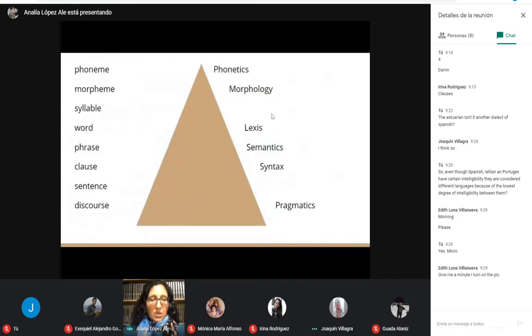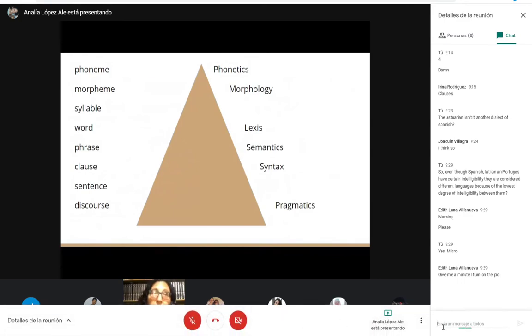Bottom-up, from phoneme to discourse, or from discourse to phoneme? I mean, from the smaller unit to the largest, or from the largest to the smaller? There may be different answers because there are different subjects. So tell me, what do you think?